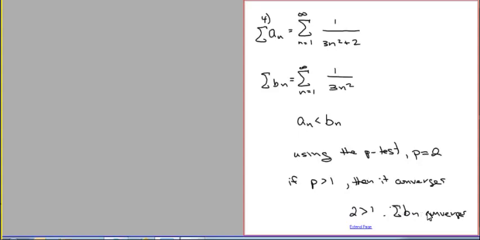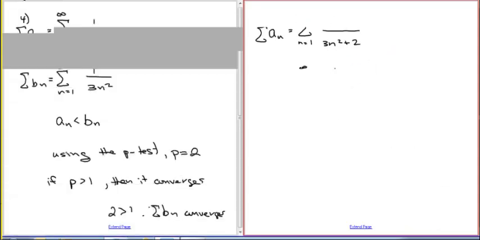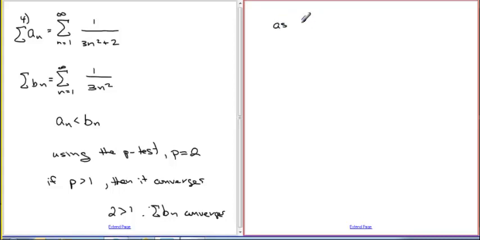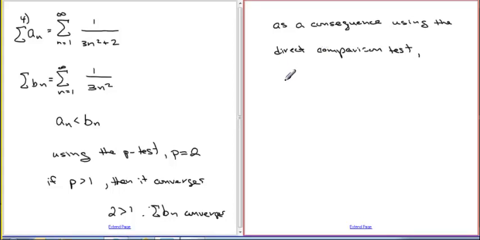So we use the p-test on this function, and as a consequence, using the direct comparison test, a sub n also converges.